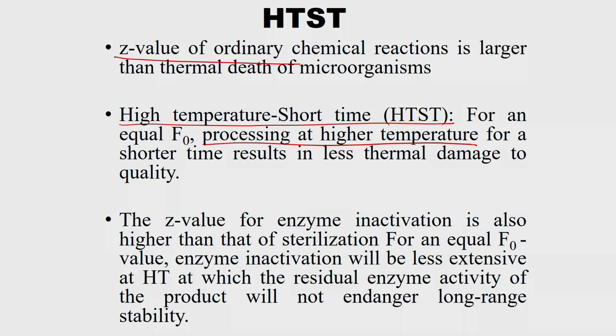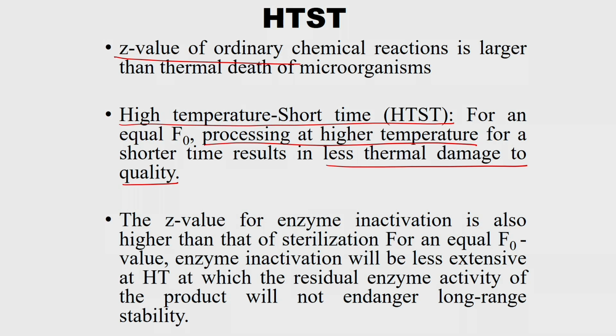Since my Z value is higher for most of the chemical reactions, I would like to go for higher temperature for a shorter time, instead of lower temperature for a longer time, right. This results in lesser thermal damage to the quality of the food as well as the vitamins or nutritional components, right. This concept is introduced based on the Z value, which is higher for most of the chemical reactions compared to the thermal death of microorganisms, right.